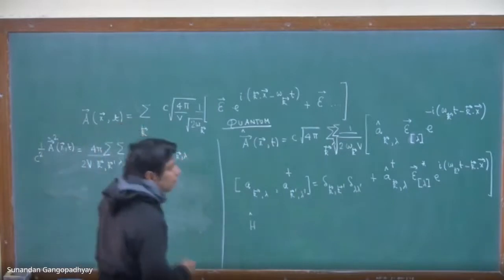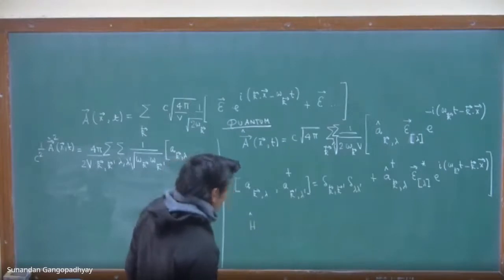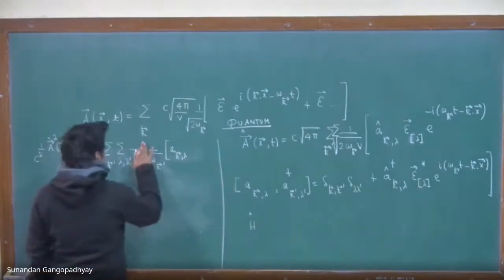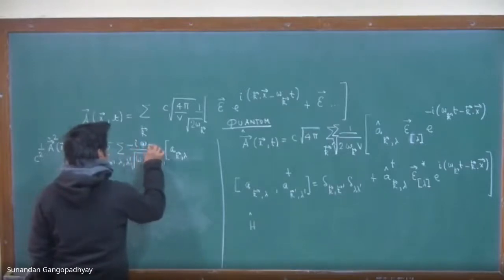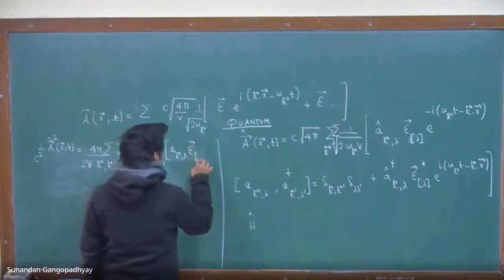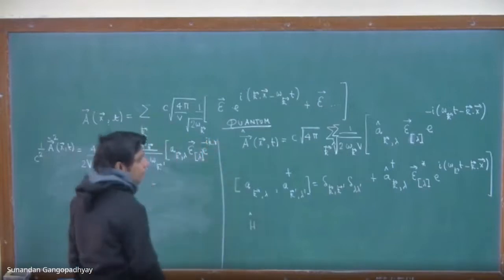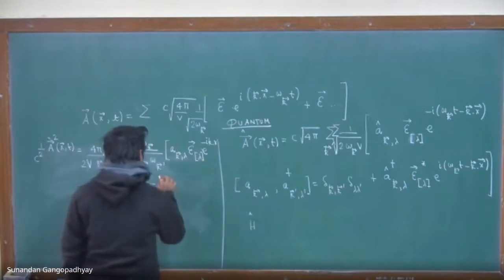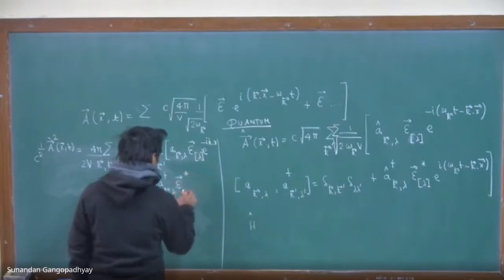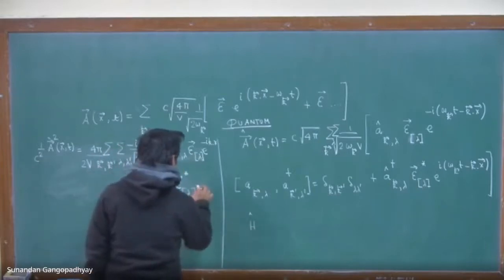So this we can actually take out. I write this as minus i omega k, take that common, then epsilon vector lambda e to the power of minus i k dot x, minus a dagger_{k lambda} epsilon star lambda e to the power of i k dot x.